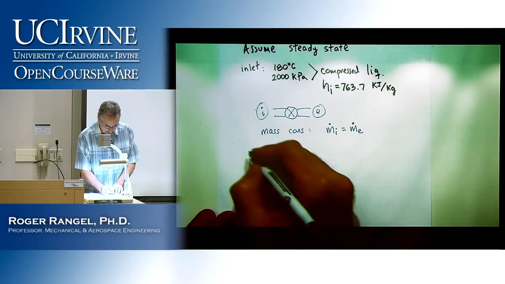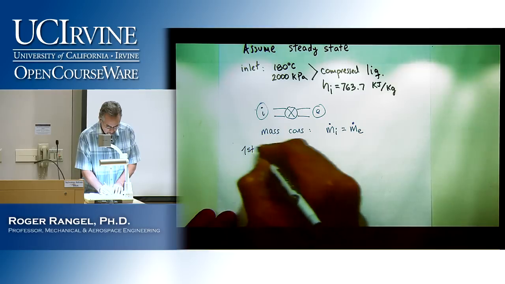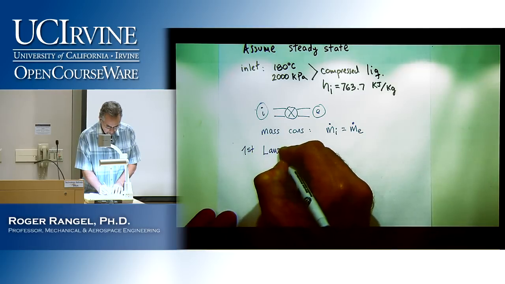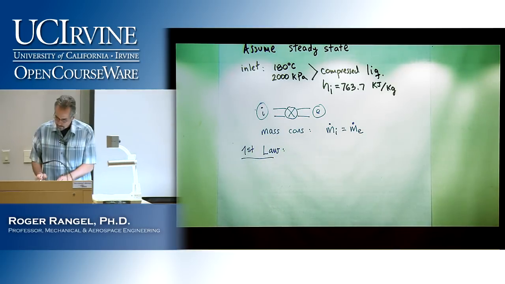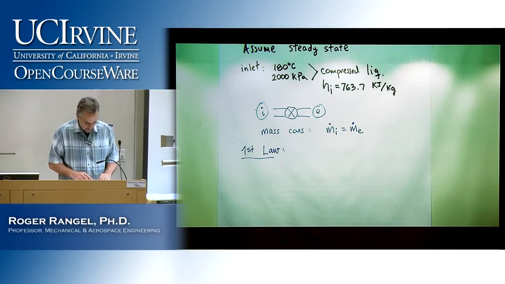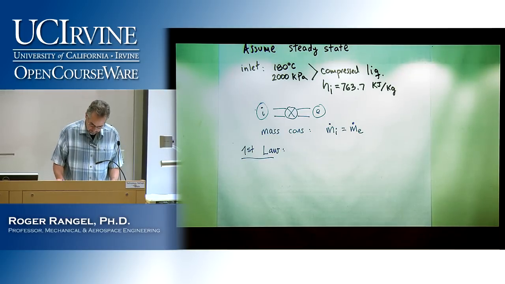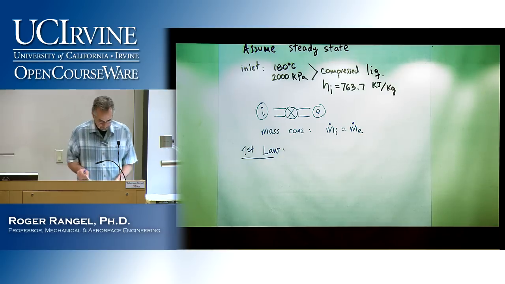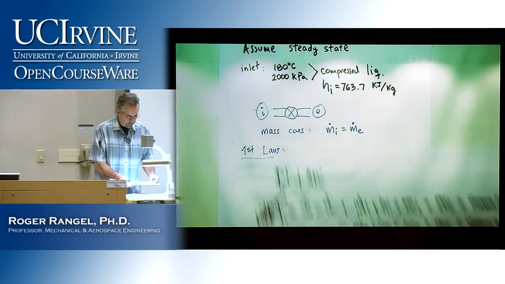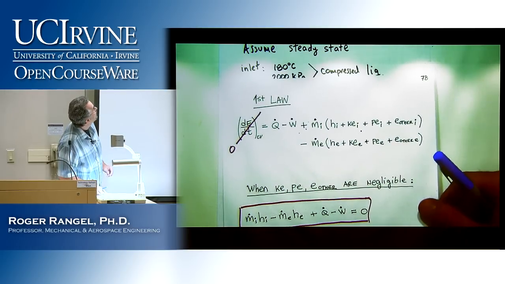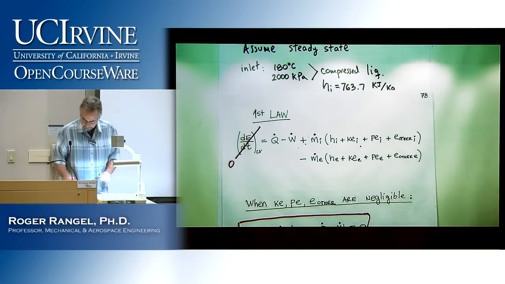And then I go and look at the first law. So what happens to my first law equation? Let's go back and look at the full equation, maybe from this example. We have it right there at the top.